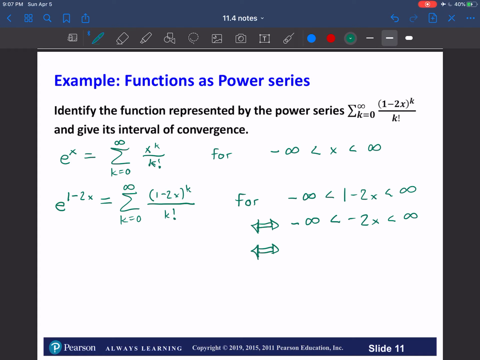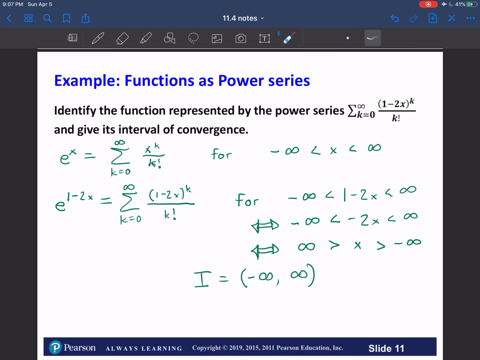And then we divide every side by negative 2. That will change negative infinity into a positive infinity, and it will flip the inequality, because if we divide by a negative number, that flips the inequality. And then it will change the positive infinity into a negative infinity. And so this essentially is just the same thing. The interval of convergence is still negative infinity to positive infinity.